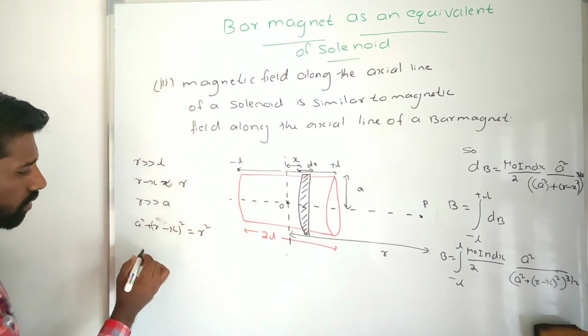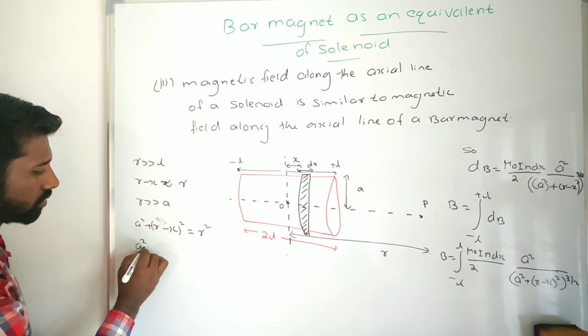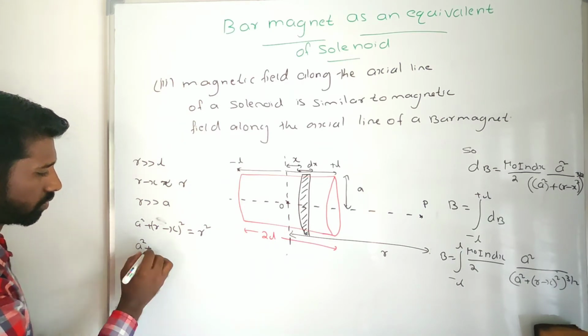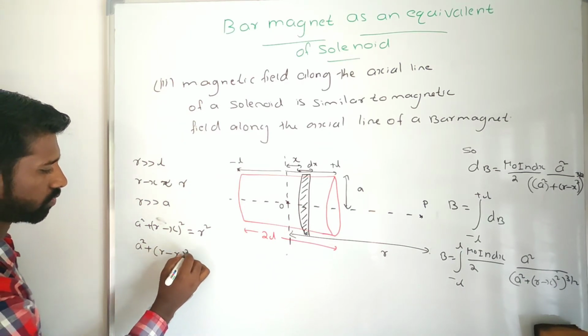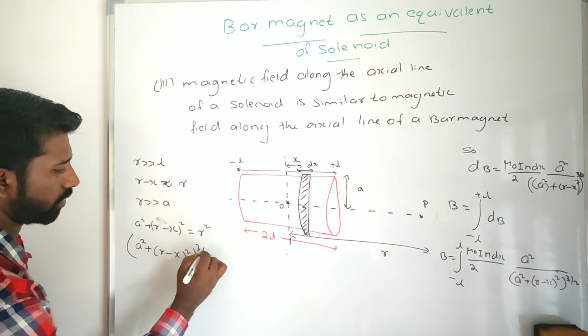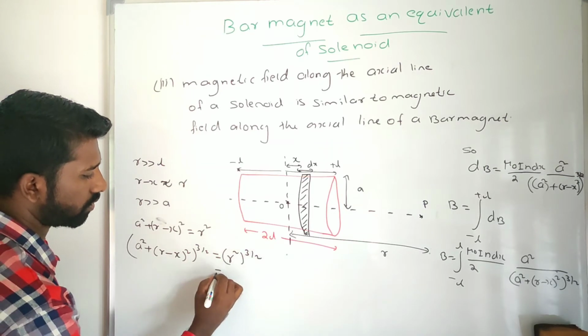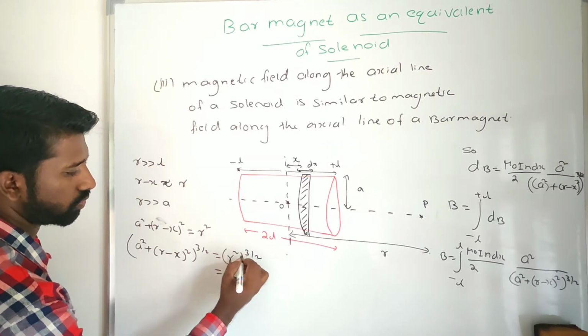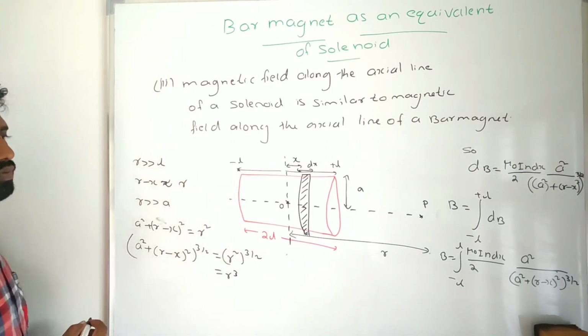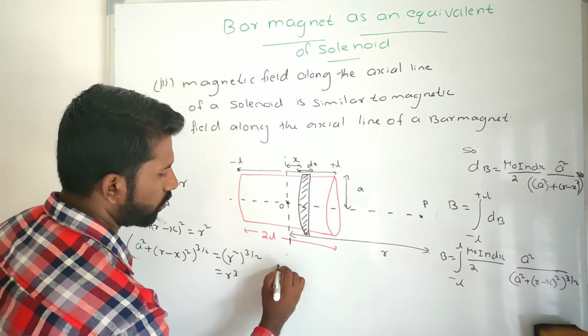Then what about the denominator term, that is (a square plus (r minus x) whole square) all power 3 by 2, is equal to (r square) all power 3 by 2. The 2 and 2 cancel, so we will get r cube. So what about B now?